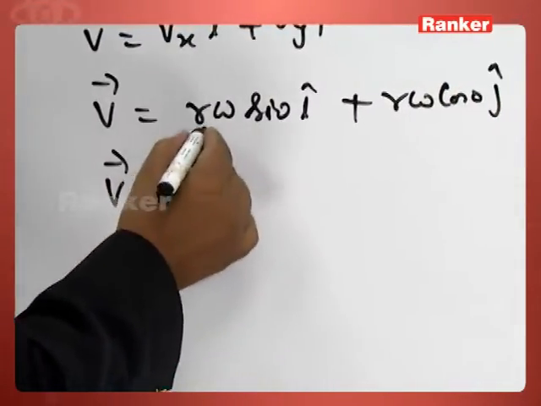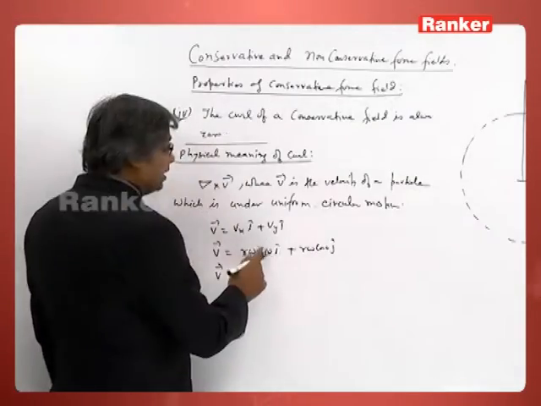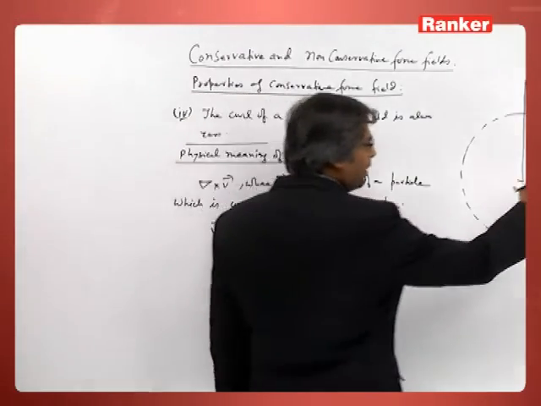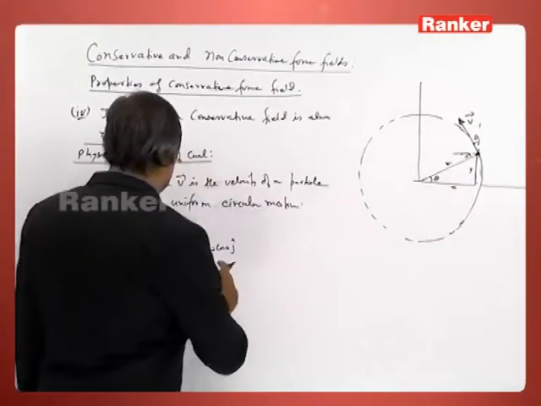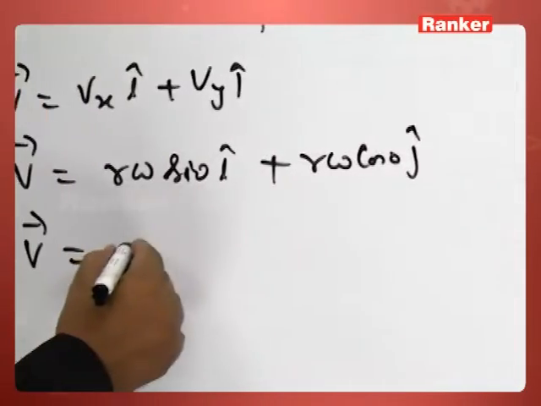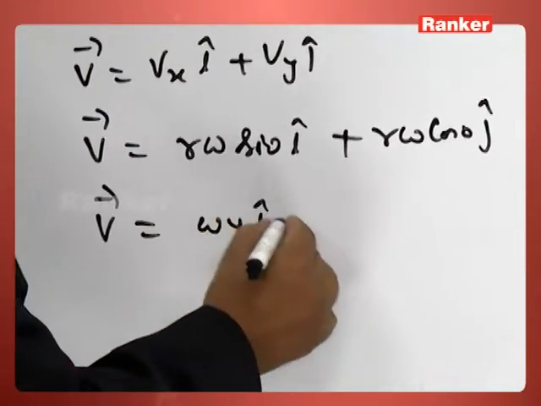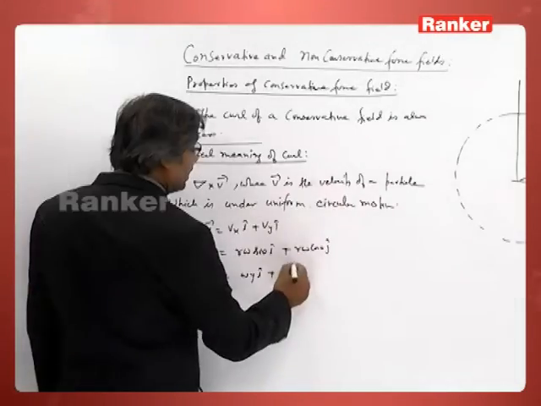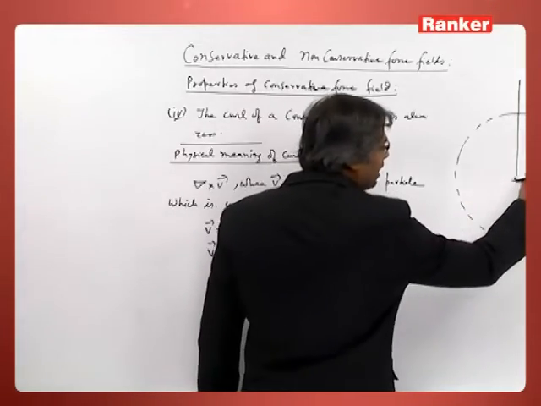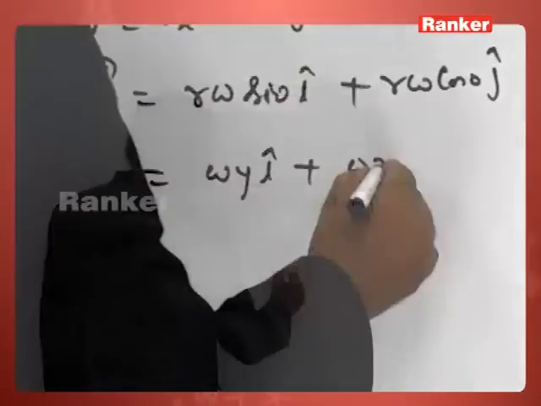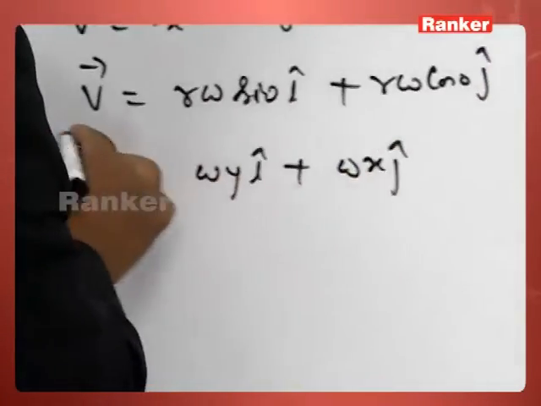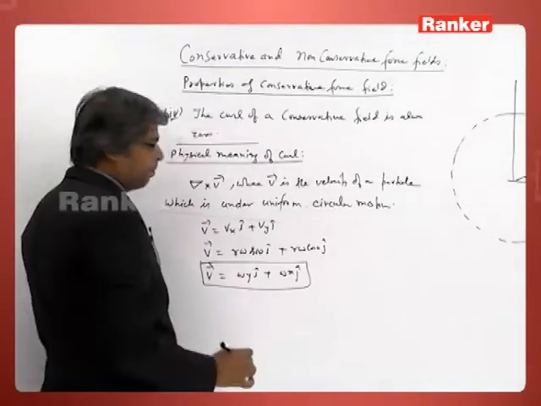Now r sin theta is y, so we get omega y i plus omega r cos theta, which is x, so omega x j. So this is the velocity vector.